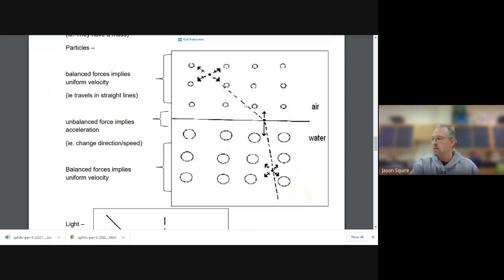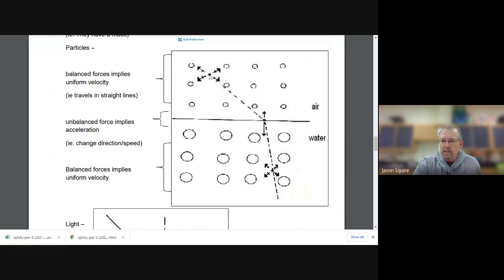As these light particles are getting closer to the boundary, they are being more gravitationally attracted to the water because these water molecules are bigger and have more mass. It's got a larger force pulling it down, which means it's going to have an acceleration down towards the water. So what does that mean for this light particle? This light particle is going to speed up, number one, and it's going to change direction.